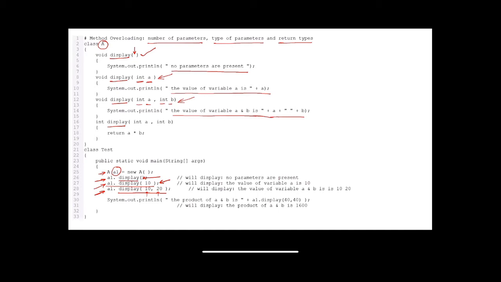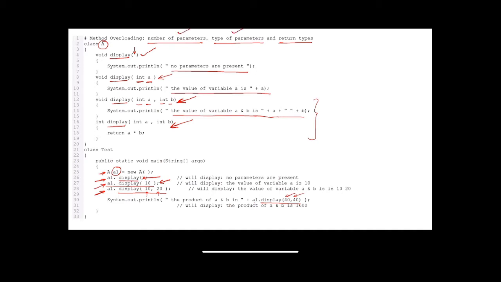Now, again it calls the function display(40, 40). It checks that I'm having 2 variables, both of integer data type. It will go over here and check. Now my compiler will be confused whether to call this method or this method.